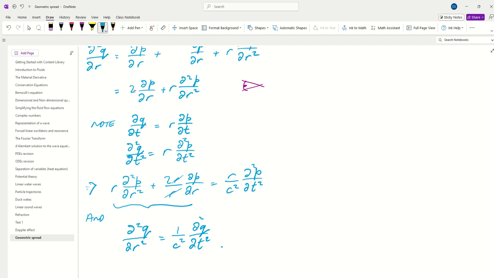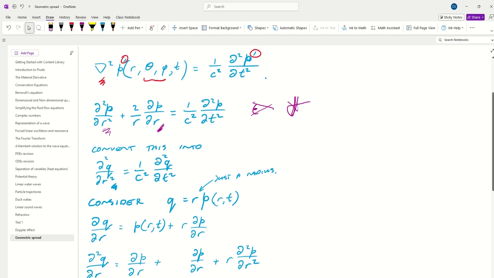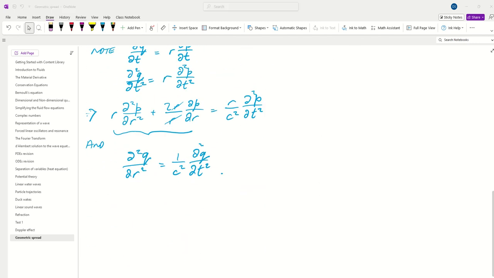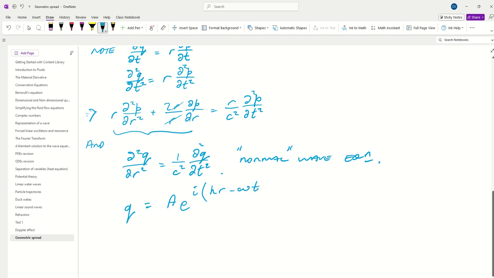So I've reduced my not so nice spherical wave equation back to the normal wave equation in one dimension, right? One spatial dimension. So let's go ahead and solve it. We know that it's going to be an amplitude times a complex exponential, just like that.